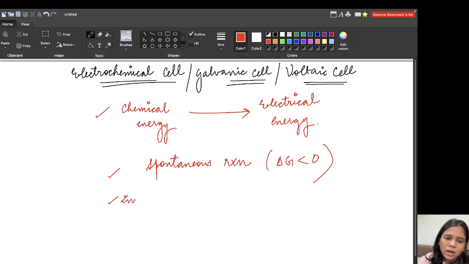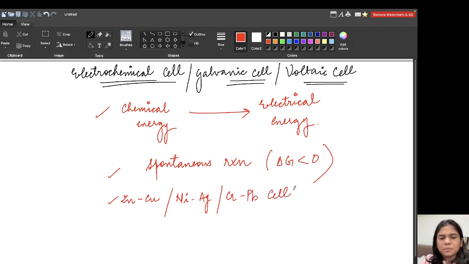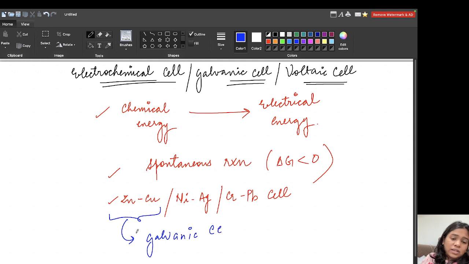For example, you have the zinc copper cell, the nickel silver cell, the chromium lead cell. All these are examples of different kinds of electrochemical cells. Just remember, the zinc copper cell is called the Daniell cell.